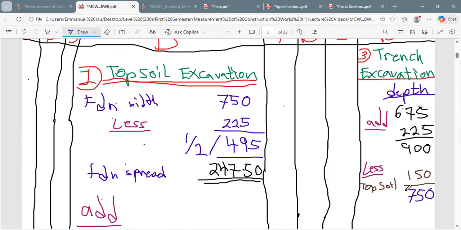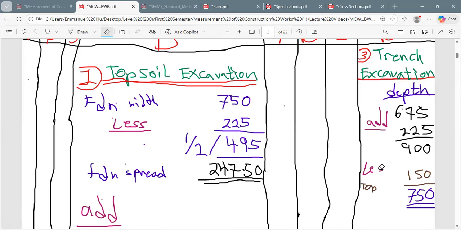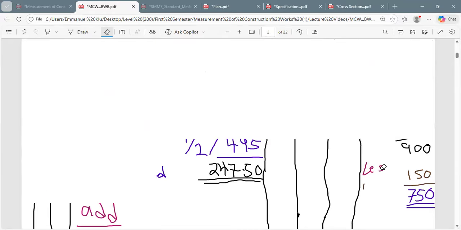Yes, 750. So this 750 now becomes our depth of excavation. Yeah, I feel I've not written something well. Let me quickly come and rewrite it well, and then we'll see how best we can go on.